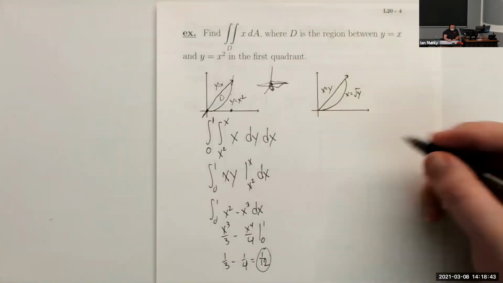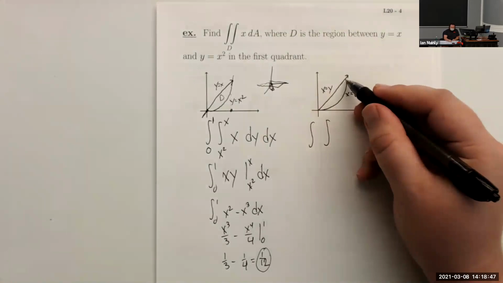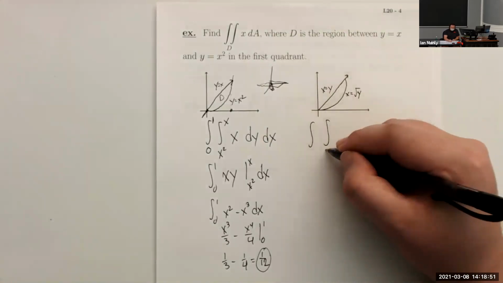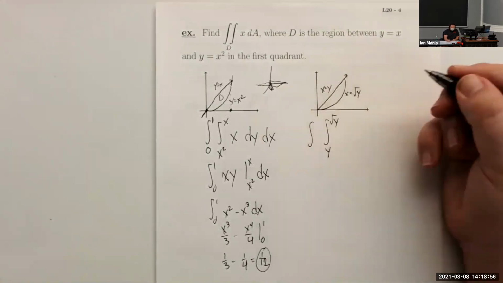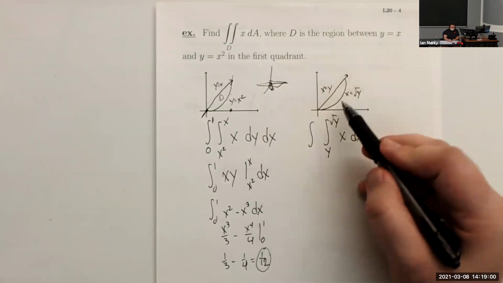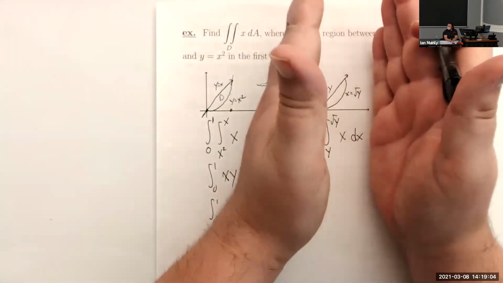All right, so this time when we integrate, our lower bound, remember with x's, the lower bound is the thing that's further to the left. So we're going to have y here, and then the thing further to the right is root y. And then now we look and see what our y values are. So we're compressing things like this now.